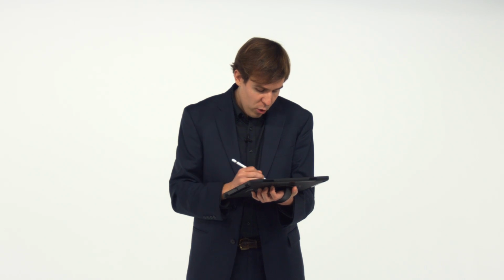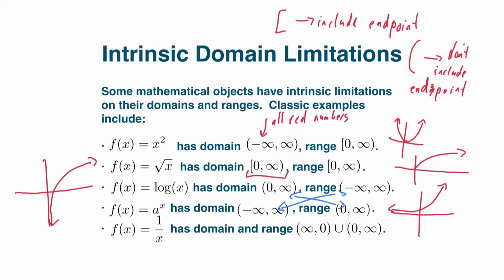Now the last one we want to look at is something I already alluded to, which is f of x equals 1 over x. So the picture for this one is good to store in memory. It looks like this. The domain and the range are both very close to being everything. The only thing that's not allowed in the domain is x equals 0. That number is also not in the range.